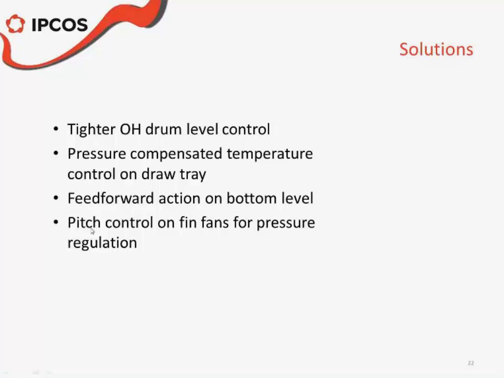So the results of this were that we had a much tighter overhead drum level control just by doing proper tuning. The pressure compensated temperature control on the draw tray, which allowed better impurities separation. Feed-forward action control on the bottom level, as you just said, which stabilized the duty to the column.